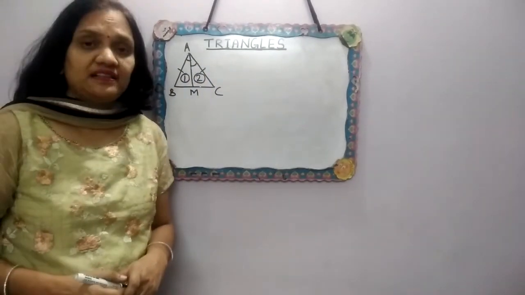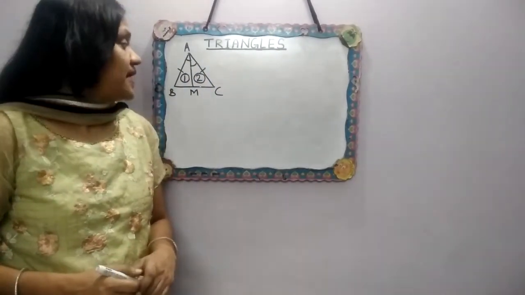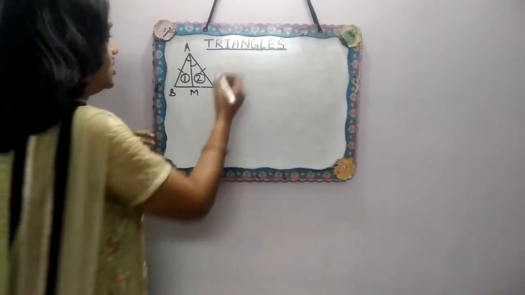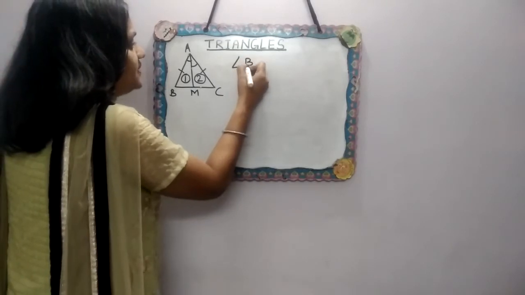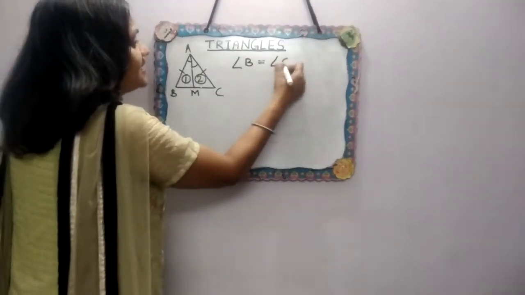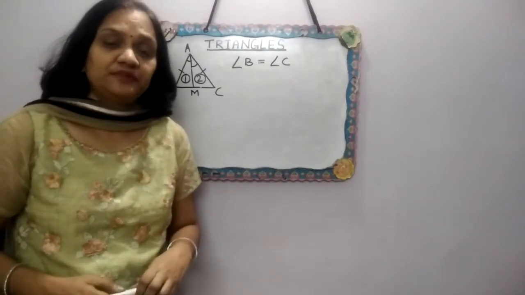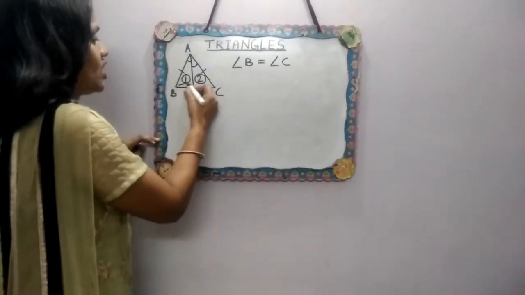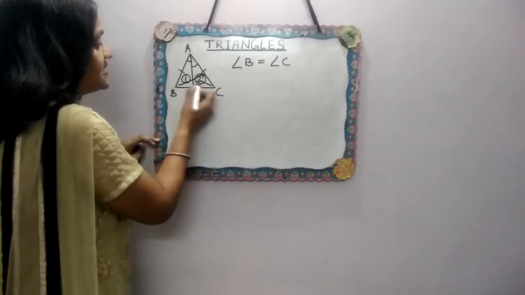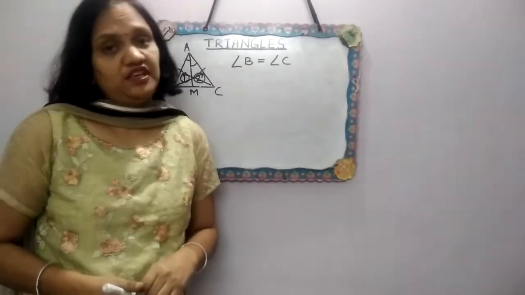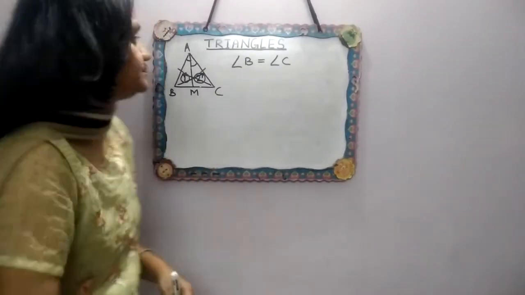Since the two triangles are congruent by SAS property, the corresponding angles will be equal. So we can say angle B is equal to angle C. If the sides AB and AC of a triangle are equal, then the angles opposite to these sides will also be equal. Angle B will be equal to angle C.